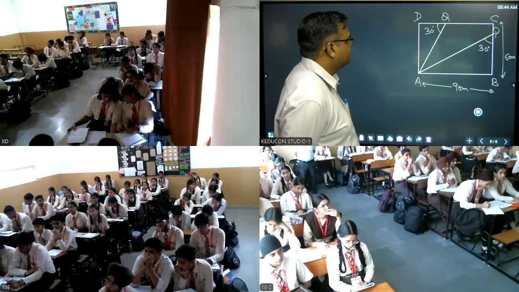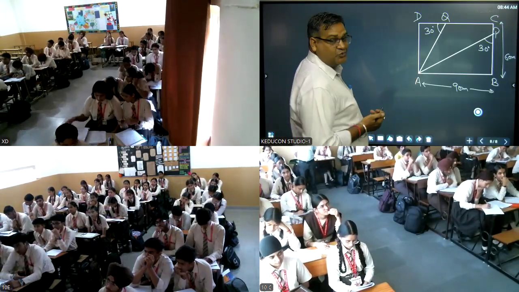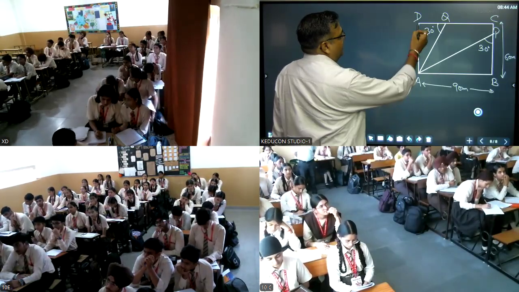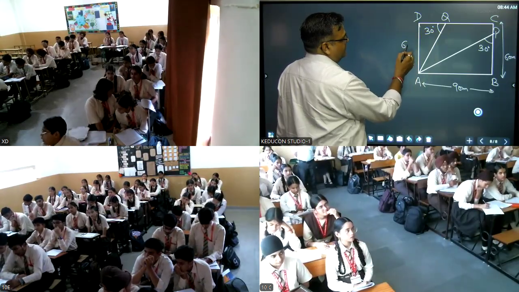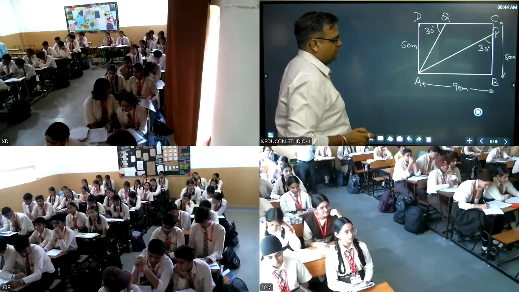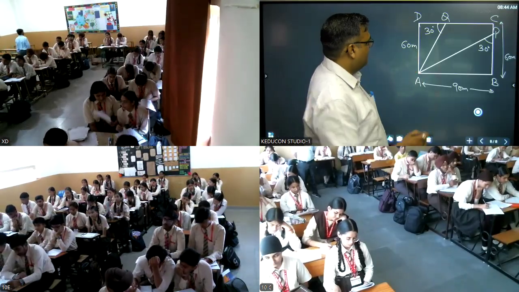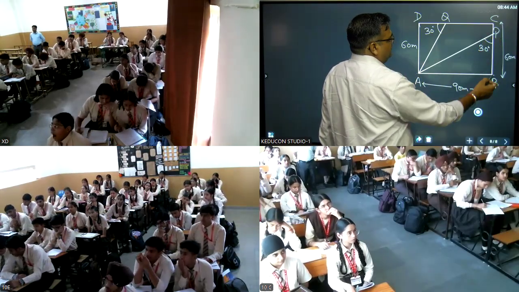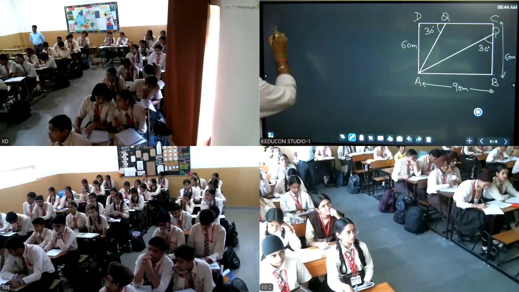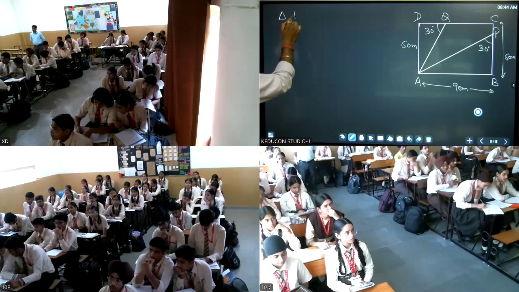See, students, we will use here two triangles. One is ADQ, as we know that the breadth of this rectangle is 60 meter, right? Similarly, we know that the length is 90 meter, so we'll use triangle PBA. So first of all, let's take triangle PBA.